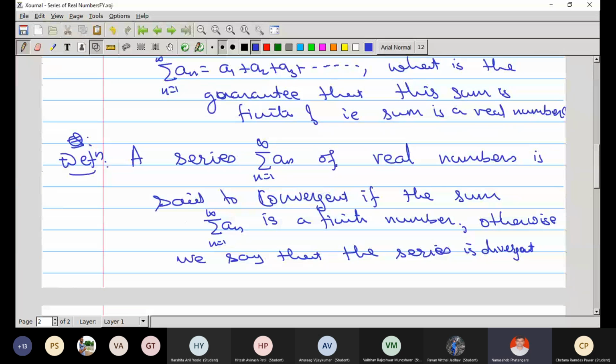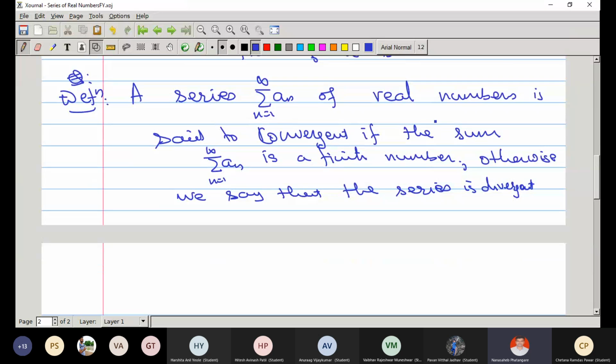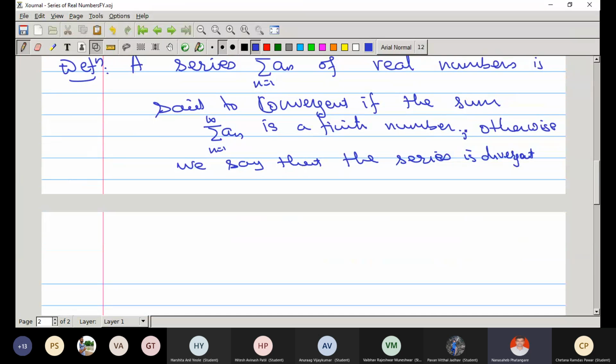What is the meaning of series is convergent? Do you understand? Yes, sir. Right. We are adding infinitely many numbers, if the total sum is a finite number, then we say that it is convergent. Otherwise, divergent.